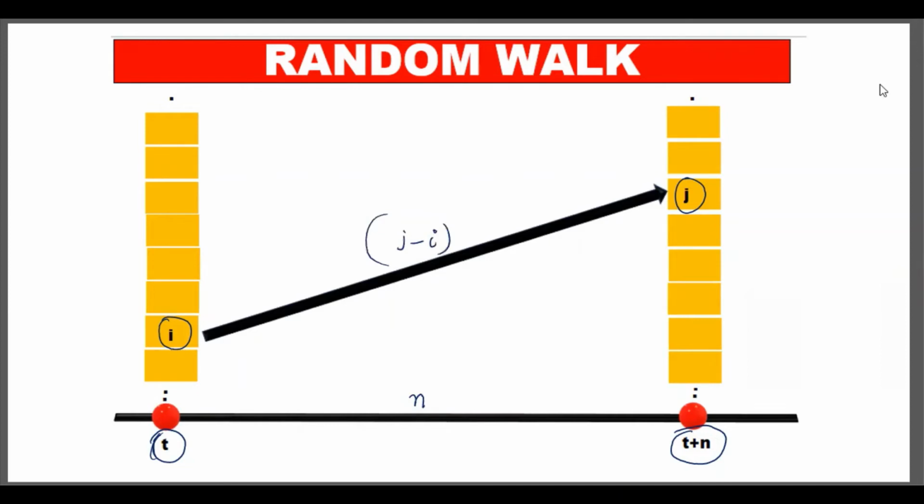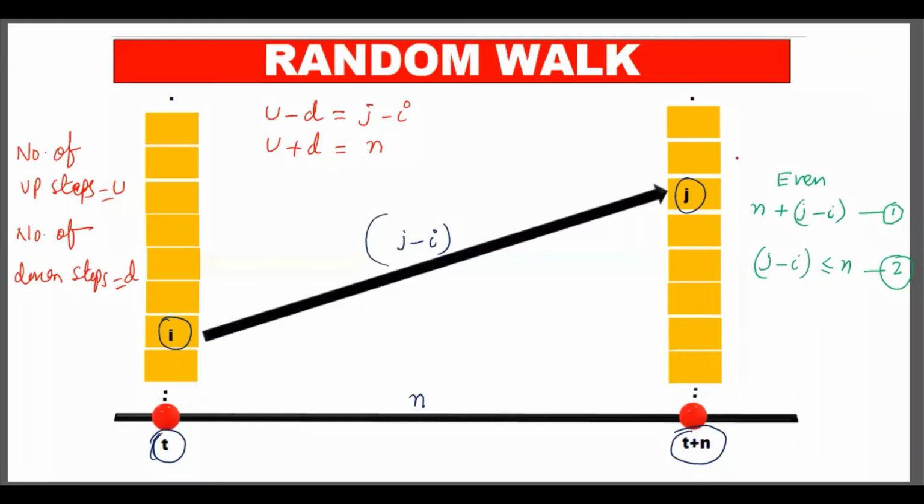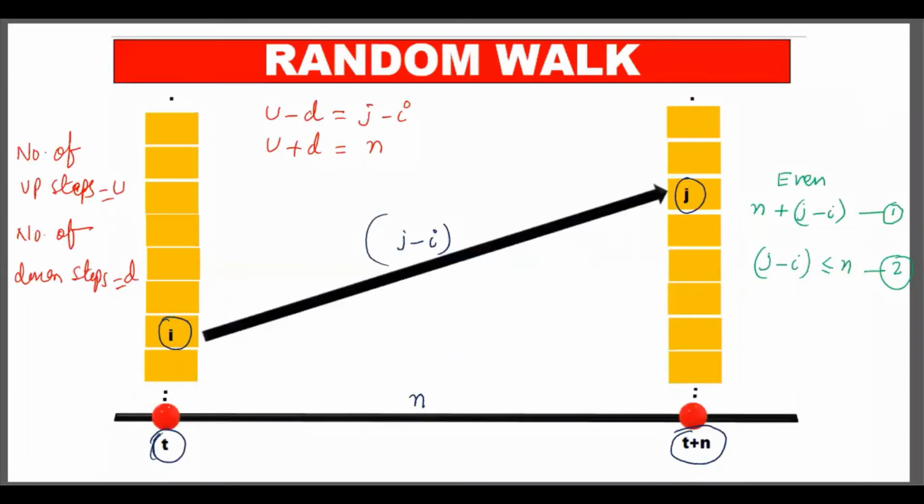Remember, N plus J minus I should be even because the parities are same. If N is even, remember I discussed a lot of examples. If N is even, J minus I should be even.